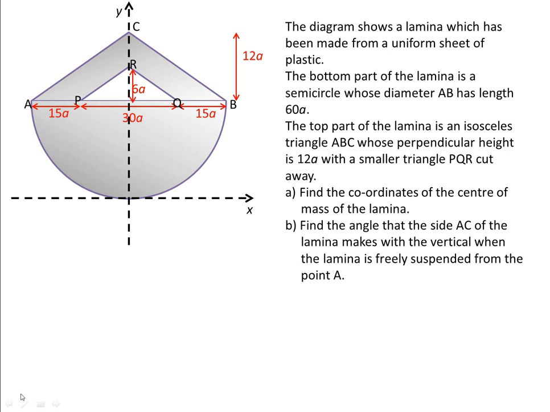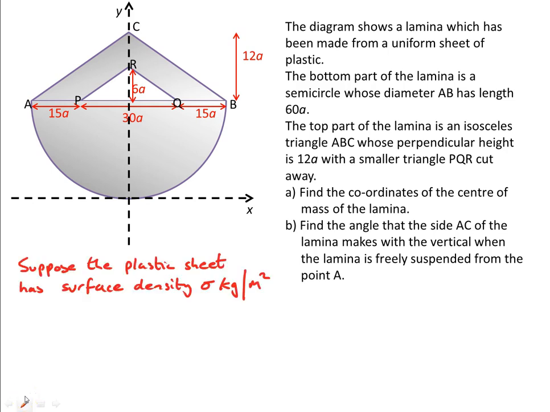We've got to find the coordinates of the centre of mass of the laminar, and we've got to find the angle that the side AC of the laminar makes with the vertical when the laminar is freely suspended from the point A. We'll first of all suppose that the plastic sheet has a surface density of sigma kilograms per metre squared.